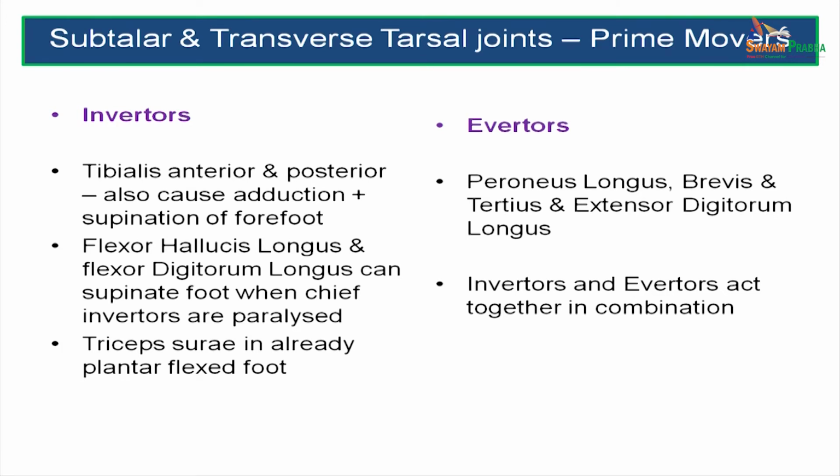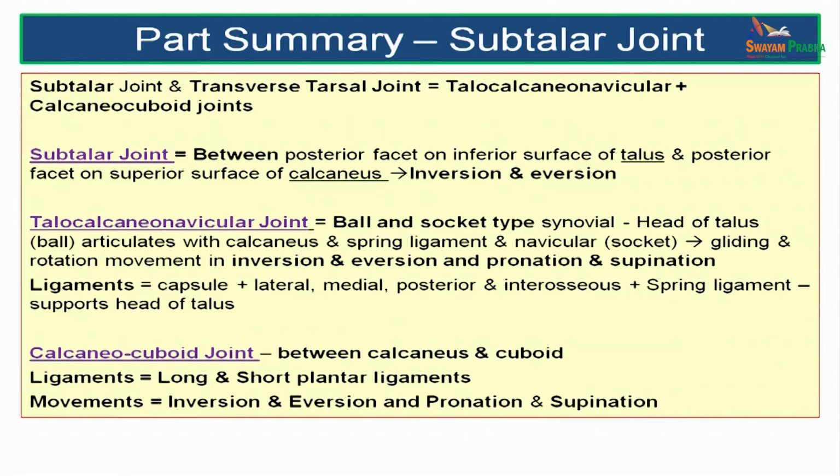Everters are peroneus longus and brevis, and the tertius, extensor digitorum longus. Remember that inverters and everters always act in combination to bring about these movements at the subtalar and transverse tarsal joints. Let us summarize the subtalar joints and their various movements.